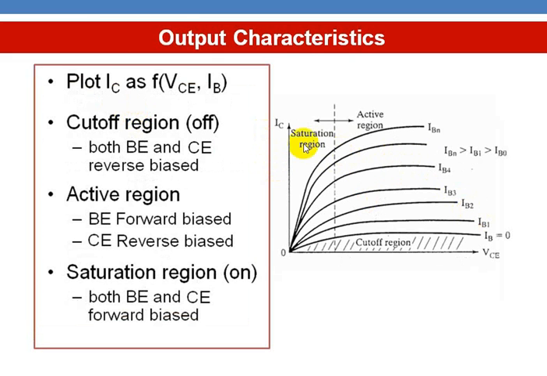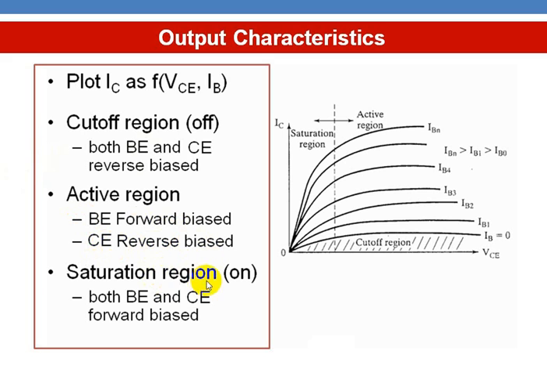Coming to the output characteristics, it is the curve drawn between IC and VCE, collector current and collector emitter voltage. Three regions are shown: cutoff region, saturation region, and active region. In the cutoff region, both the base emitter junction and the collector base junction are reverse biased. In the active region, the base emitter junction is forward biased and the collector base junction is reverse biased.